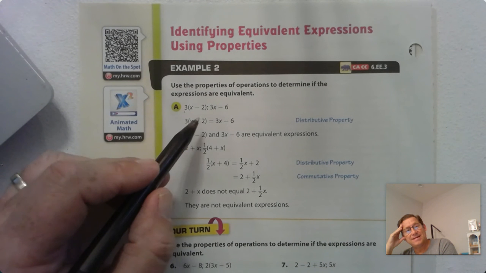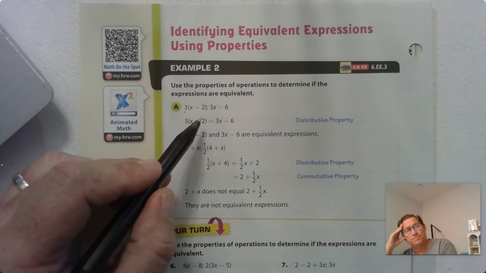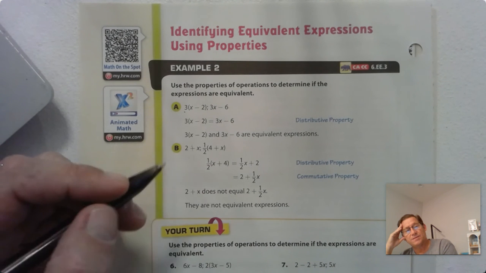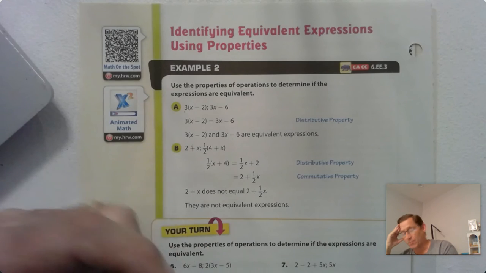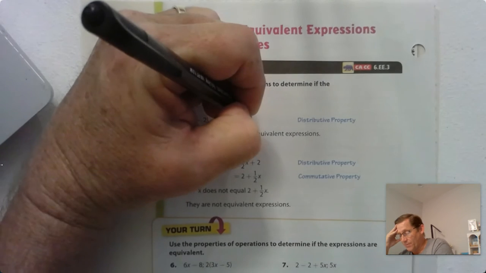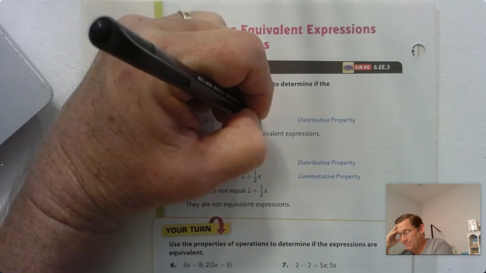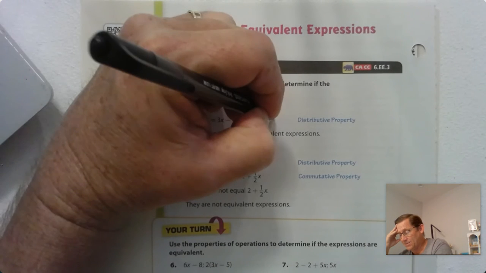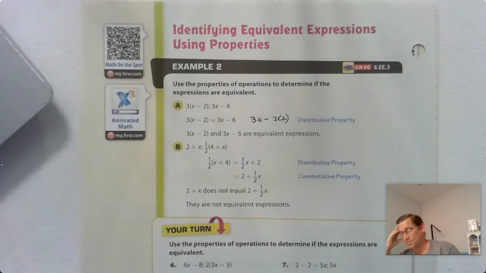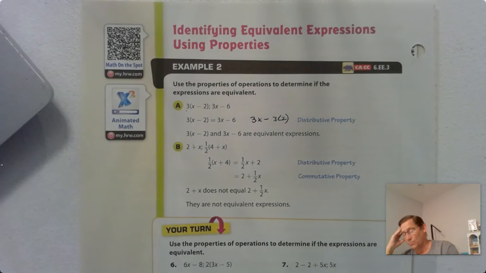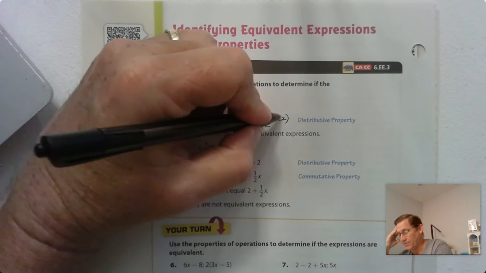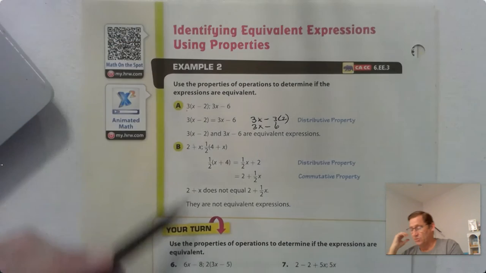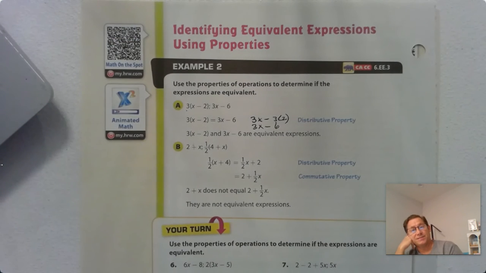3 times x minus 2, what would that be if we use the distributive property? So it would be 3 times x minus 3 times 2. Well, okay, so 3x and then 3 times 2 is 6. So they are equivalent expressions.